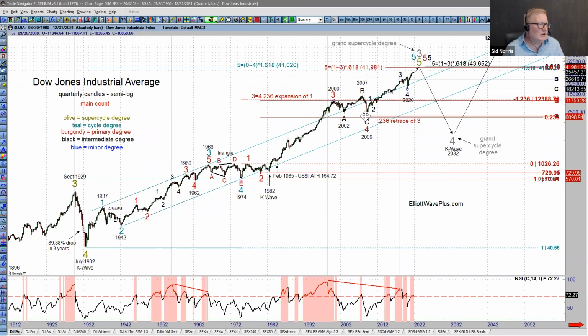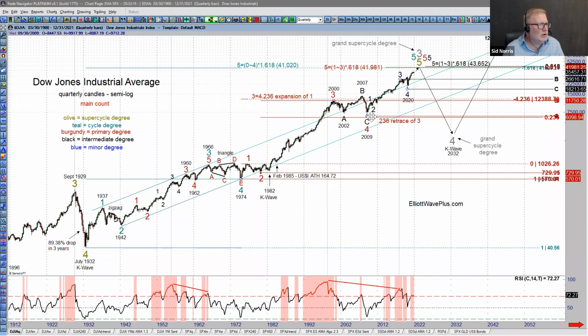Now I can look at the upward movement from the 2009 low and look for another Fibonacci target, this time black or intermediate degree. And 1, 2, 1, 2, 3, 4, 3, 4, 5.